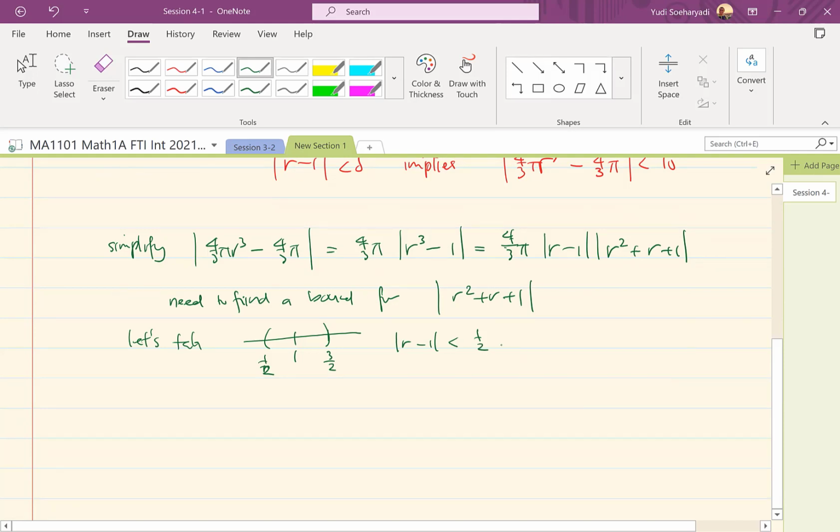Okay, so in this case, r squared plus r plus 1 is less than 3/2 squared plus 3/2 plus 1.